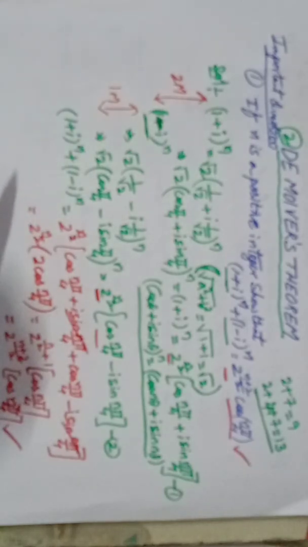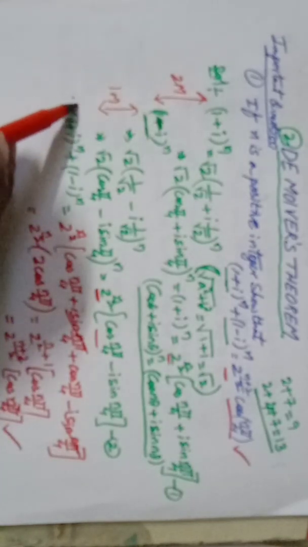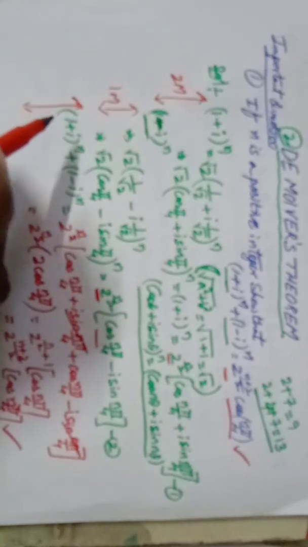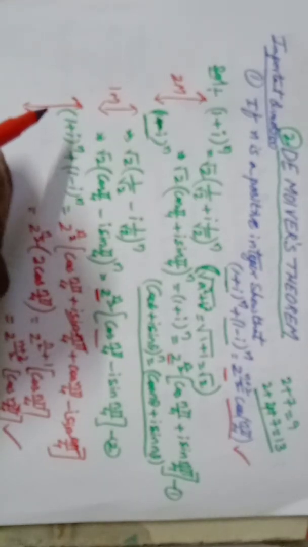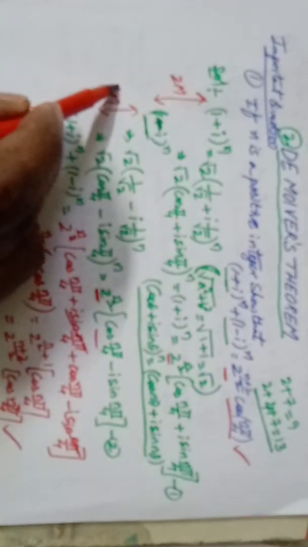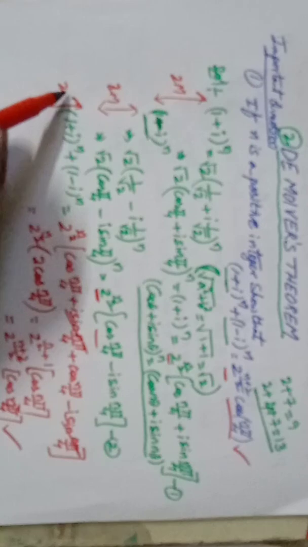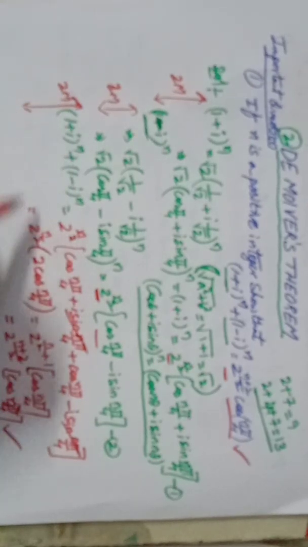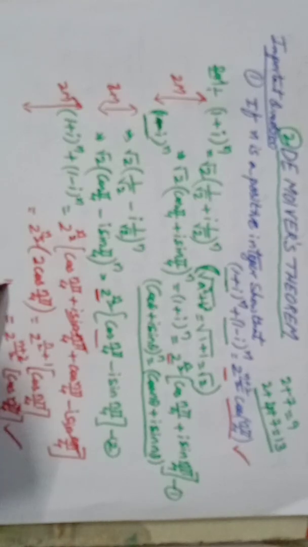Next, the third step, adding both of these, you will get 2 marks. And the last conclusion that you have written will get 1 mark. Total 7 marks you will get. Thank you for watching.